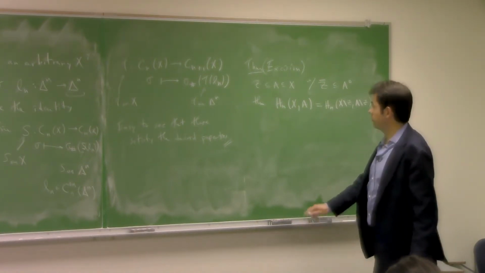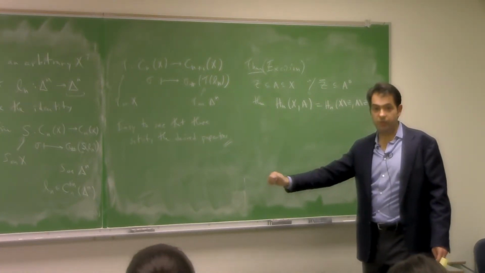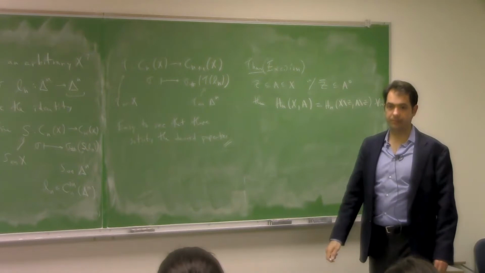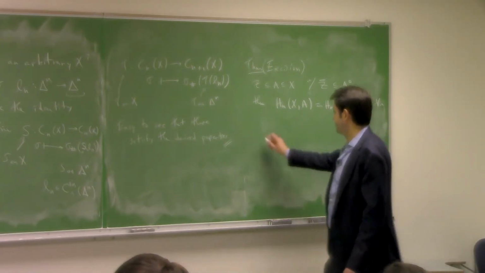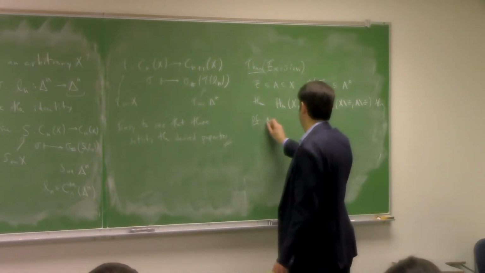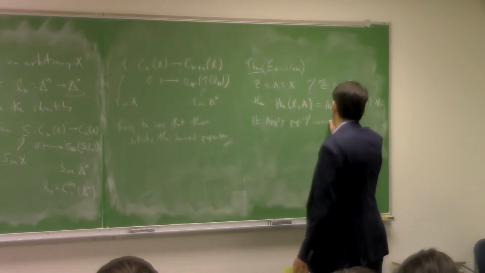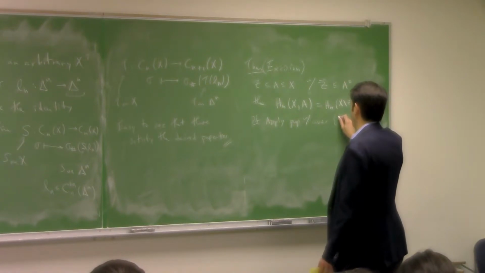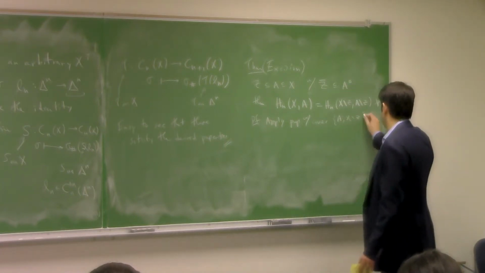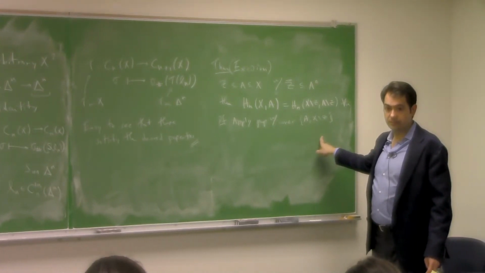To be more precise, not only are they isomorphic, but the inclusion of the relative chains from here into the relative chains here induces an isomorphism. So the proof is, let's apply the proposition with the cover A and X minus C. By this assumption, the interiors cover X.